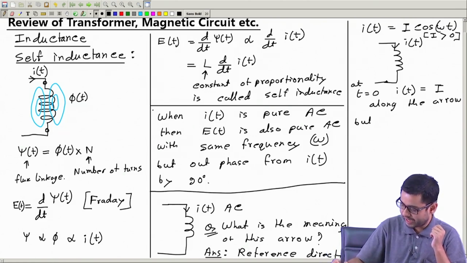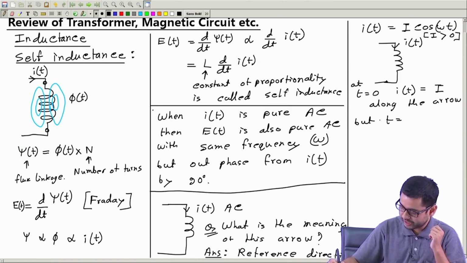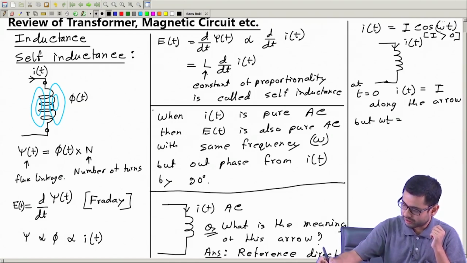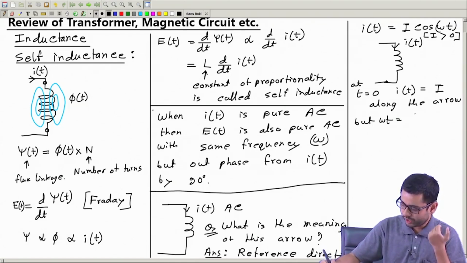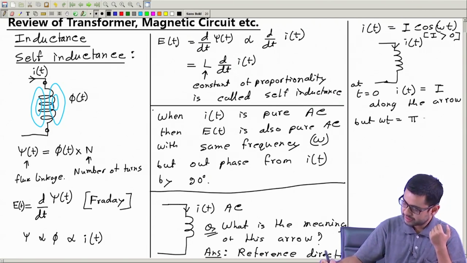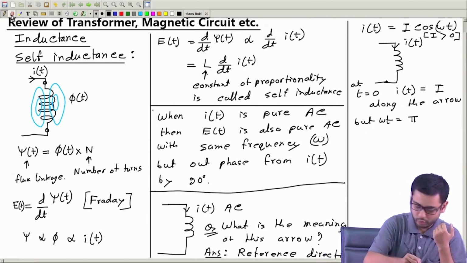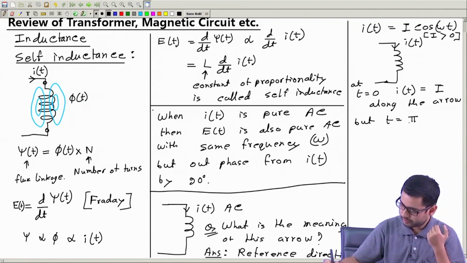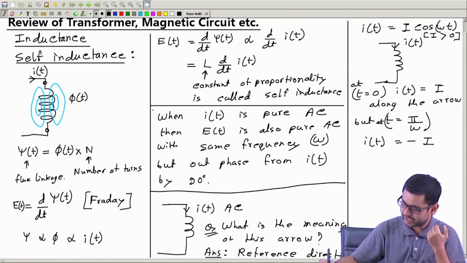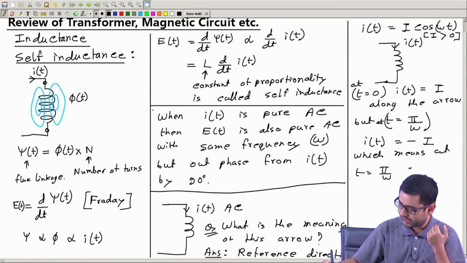But say at omega t equal to 180 degree, 180 degree means pi, that means when t is equal to pi by omega, at this moment it will be equal to minus I, which means at t equal to pi by omega, current flows in the direction opposite to the arrow.